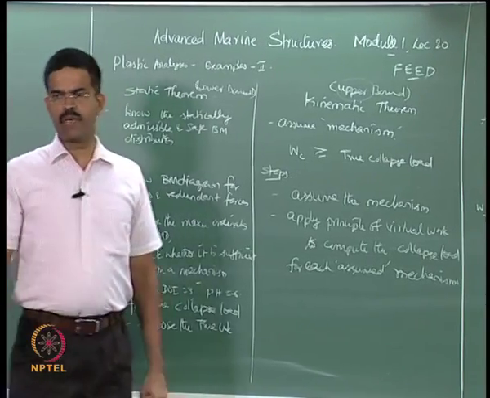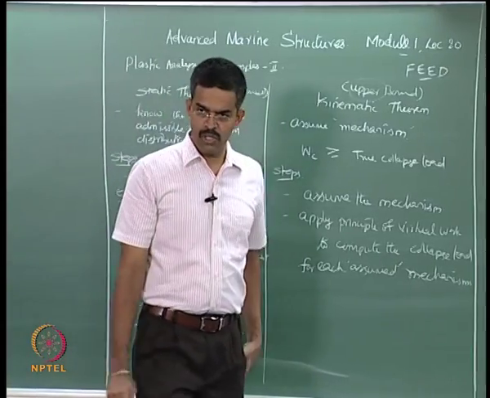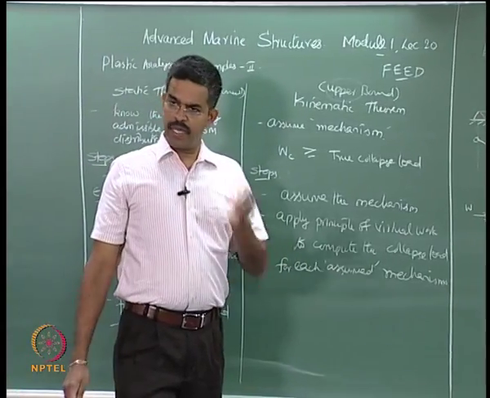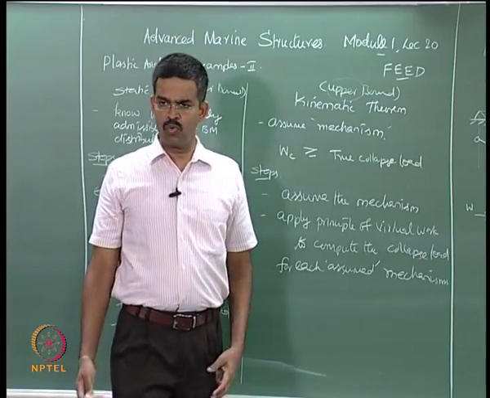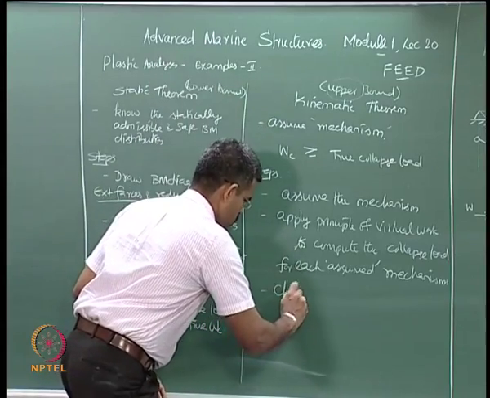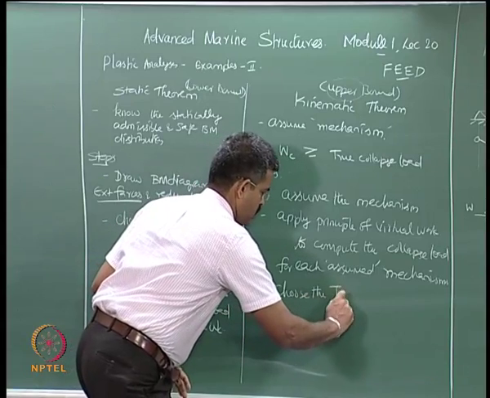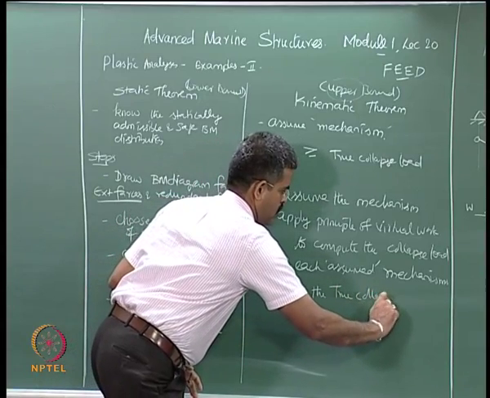So, for each assumed mechanism you will get one set of collapse loads, all of them either will be greater than or at least equal to the true collapse load. So, choose the true collapse load.